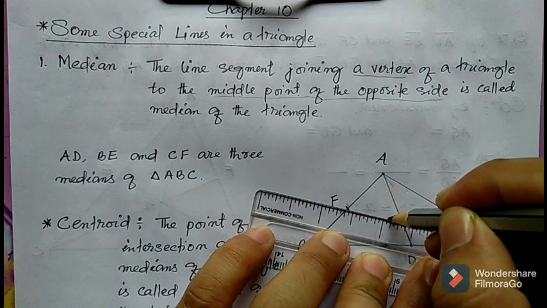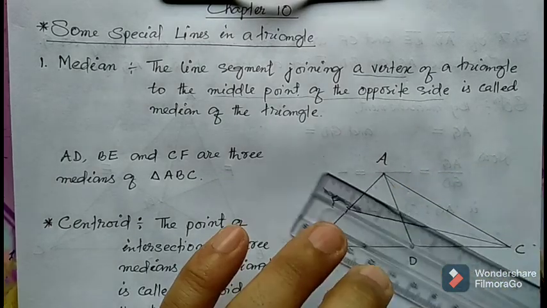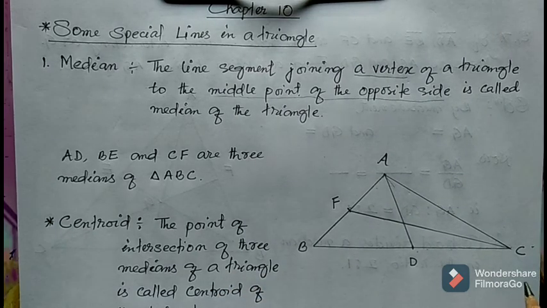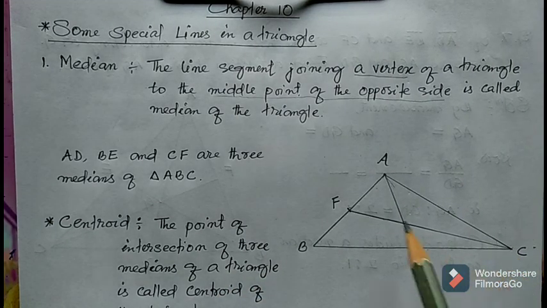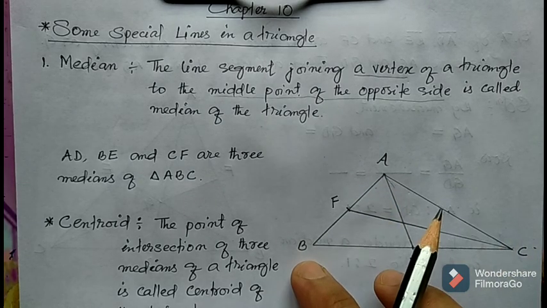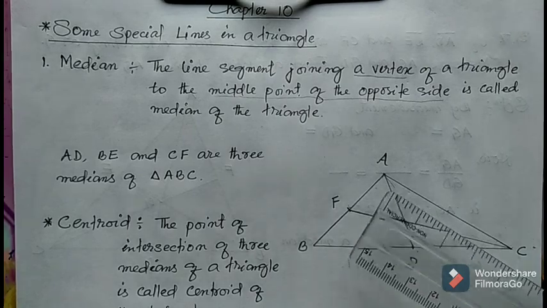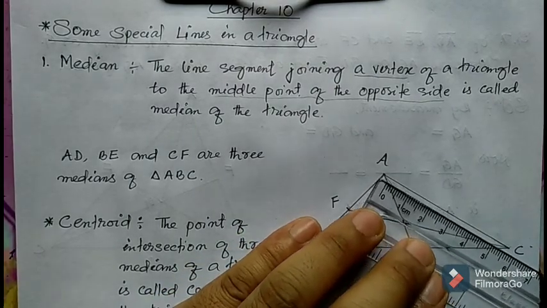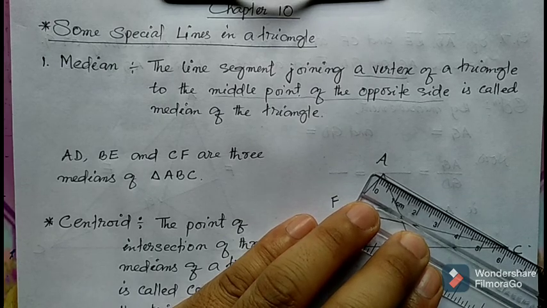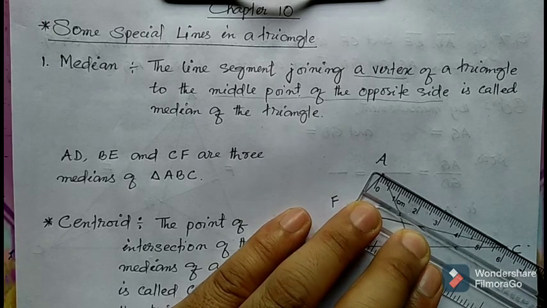This line segment is also a median, because it fulfills the definition of median. We join a vertex and the middle point of the opposite side. Like that, we have one more vertex and one more side. Now the third side is AC. Let's see how long AC is. AC is 6 centimeter long, as you can see here.